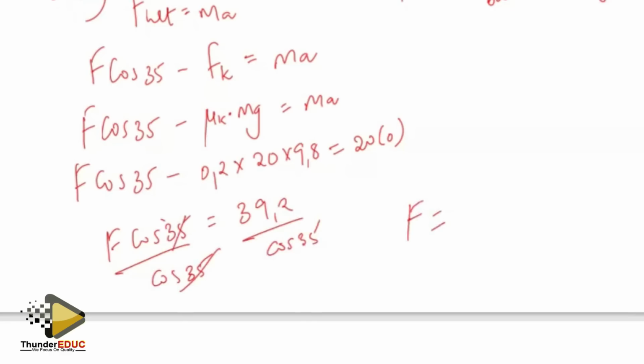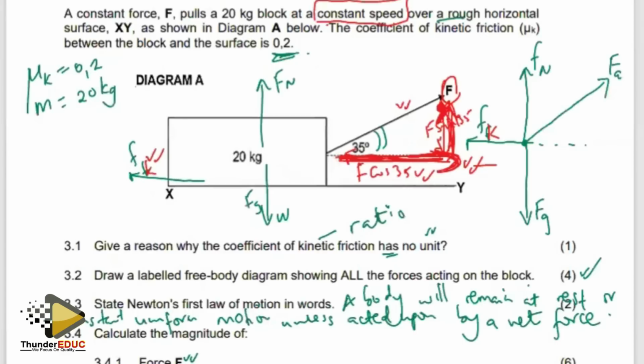Okay. So that's going to give me 47,85. Does that make sense? Let me just go back and... Oh, is it 35?